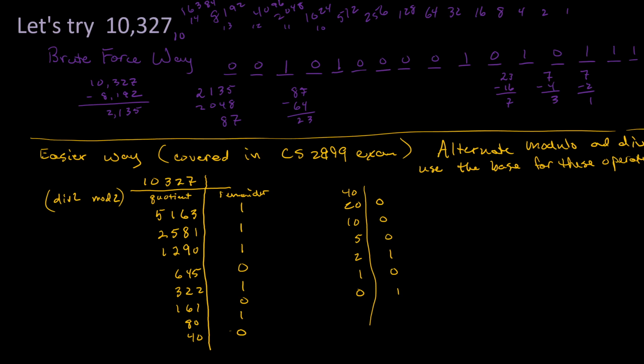Which one of these is my least significant digit? What does least significant mean? It's my ones digit.